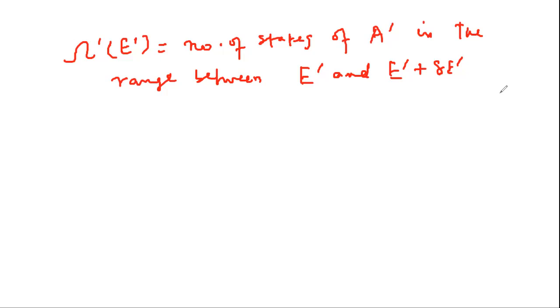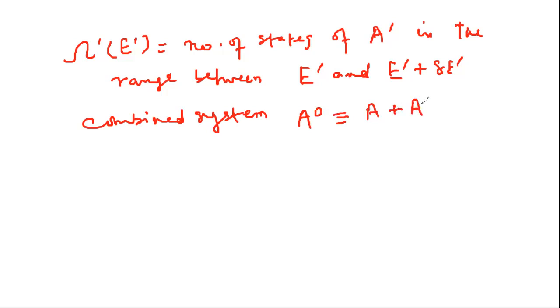Now the combined system, let me write it. The combined system we denote by A naught, which is the sum of these two systems, that is A plus A prime.